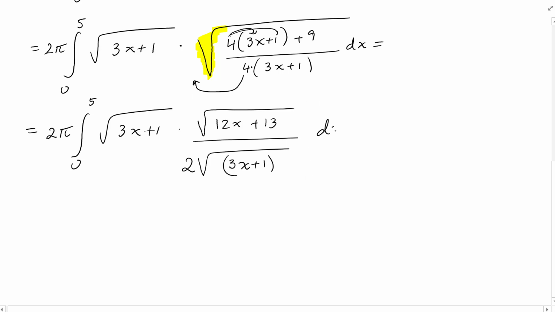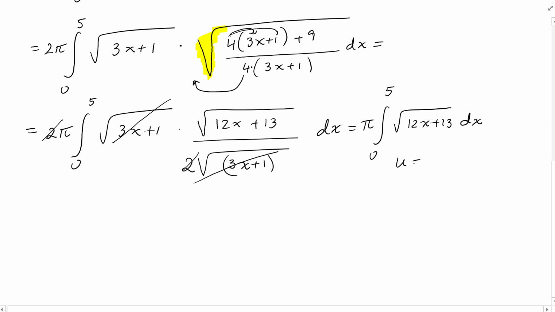And then dx. Now, all the math that we did supports canceling these two with these two from here, so we get pi integral from 0 to 5 of square root of 12x plus 13 dx, which can be done using substitution.